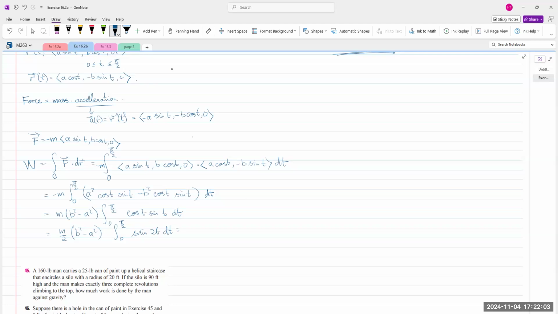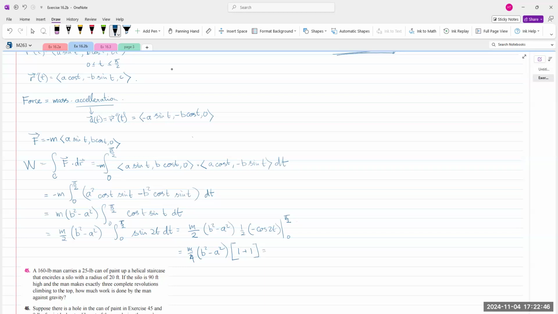But the integral of that will be another 1/2, huh? That's 1/2 negative cosine 2t from 0 to pi over 2. That will be negative cosine pi, which is 1, plus cosine 0, that's another one.